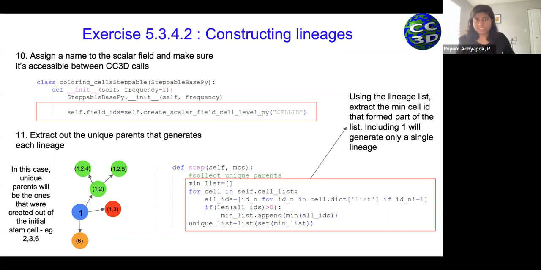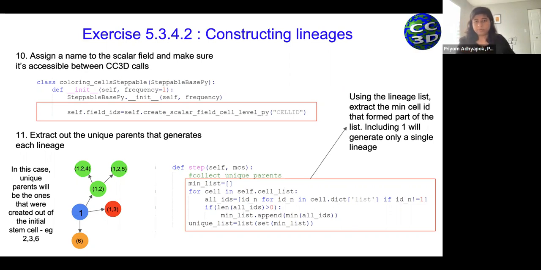So even though I'm creating a cell field in this init function, I'm going to associate it with a name. In this case, I've called it self.field_IDs, and I'm going to access this in some other function, say the step function, so that I can plot the visualization field as I go along.